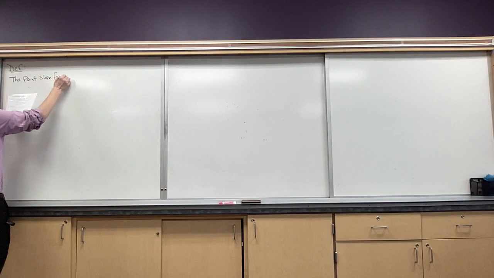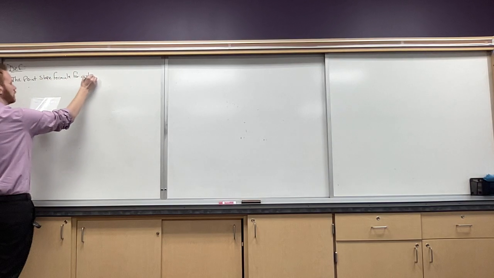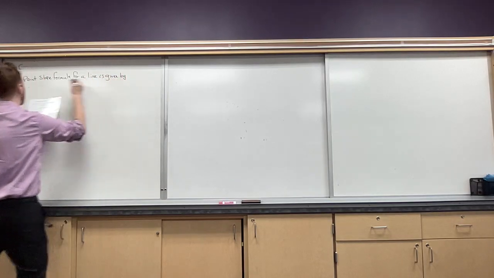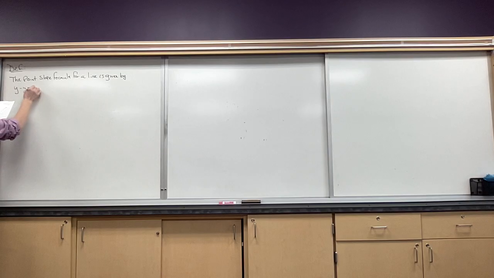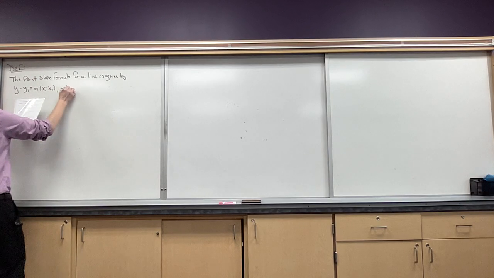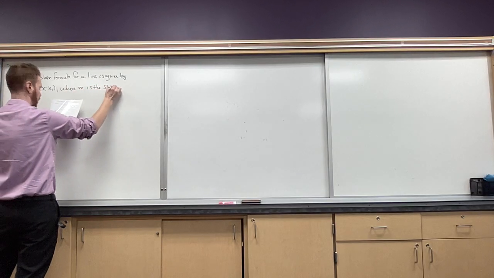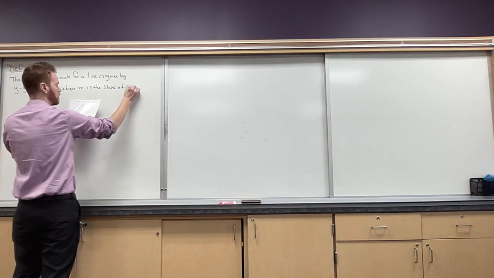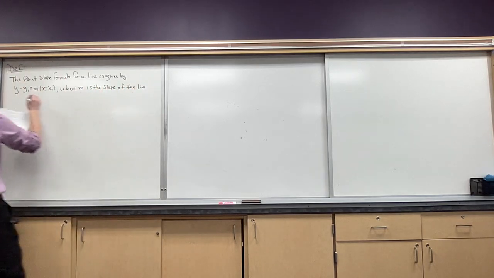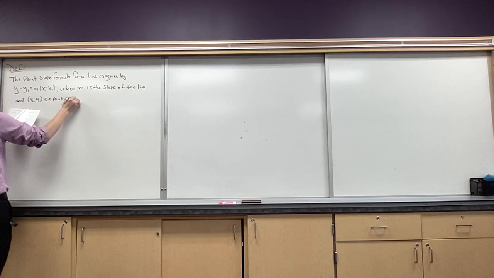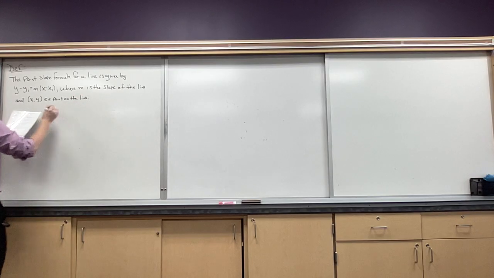Start with the definition. The point slope formula for a line is given by the following, where m is the slope of the line, and x1, y1 is a point on a line.